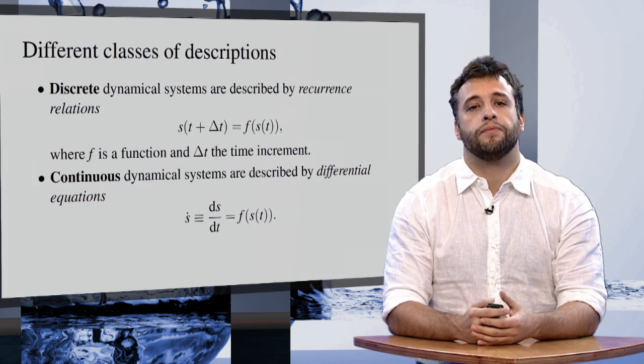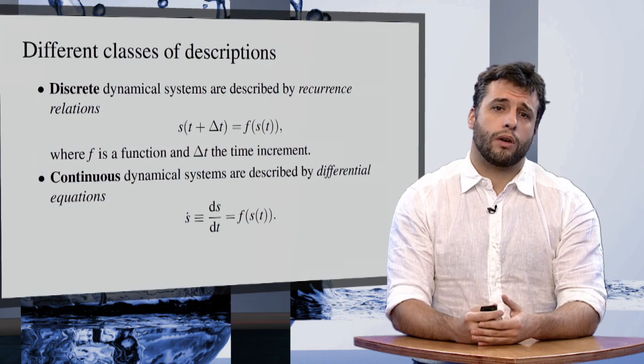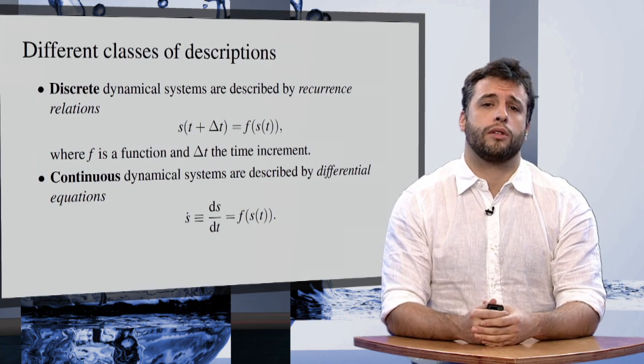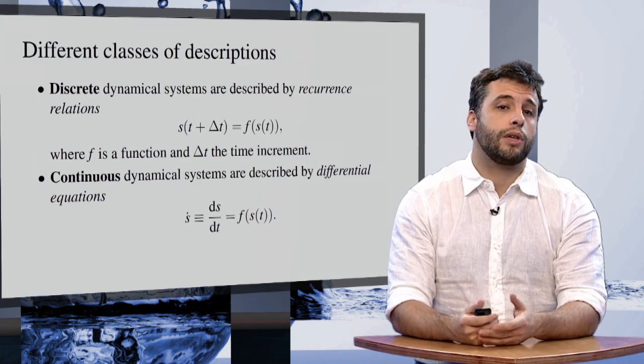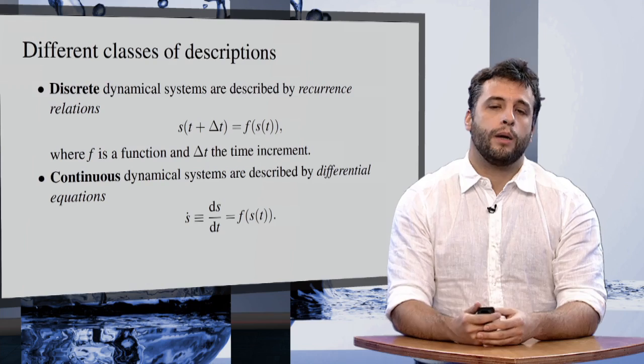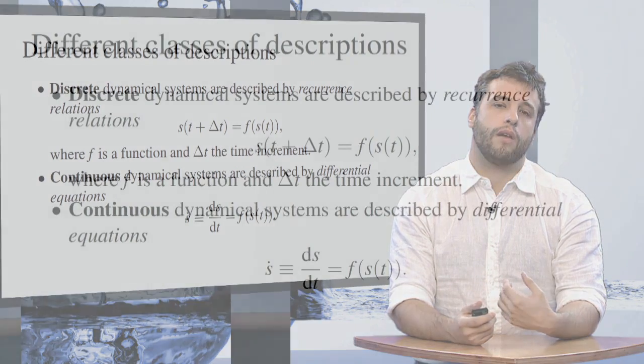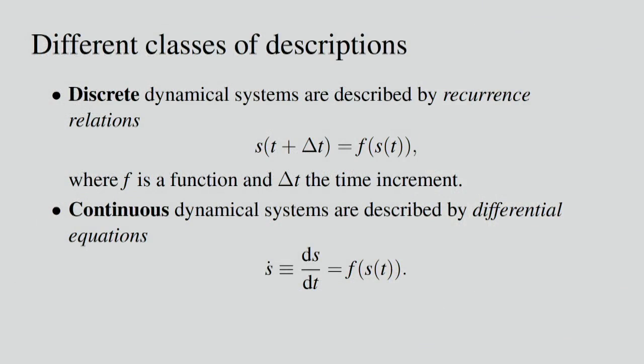evolves through time. So we will talk about two classes of description of dynamical systems. The first one is discrete dynamical systems. These systems evolve in time with finite time steps.